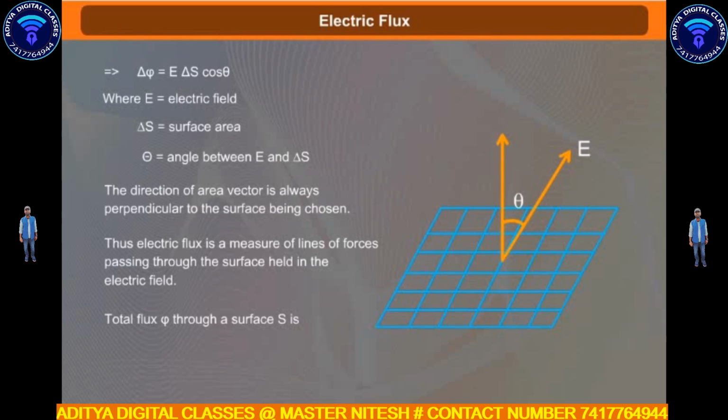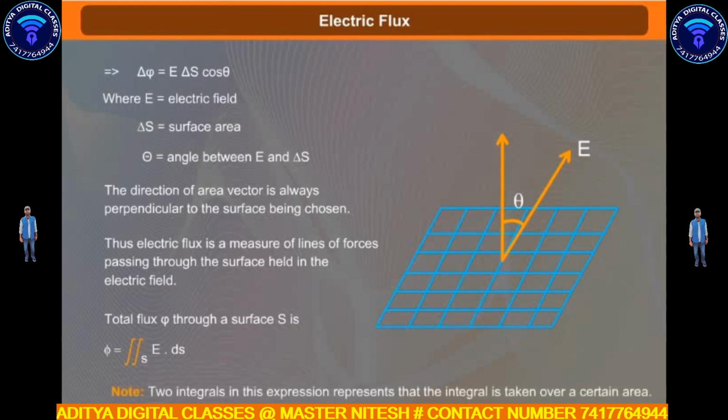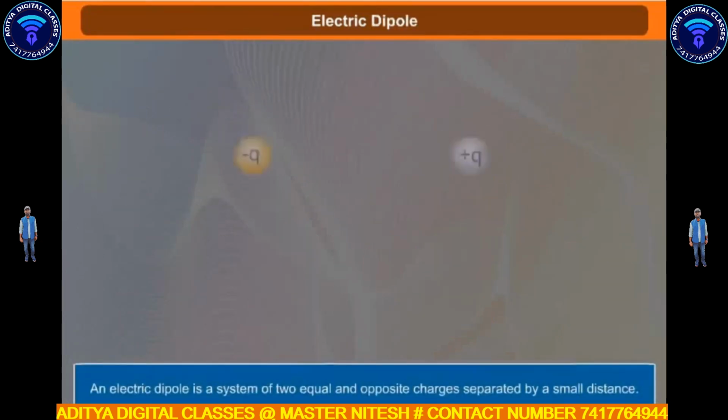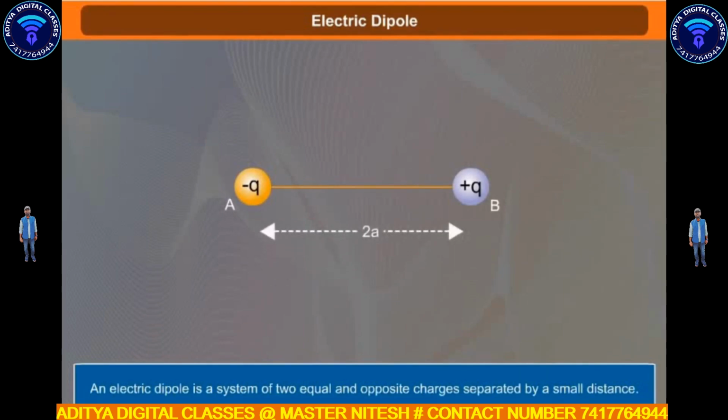Total flux phi through a surface S is phi equals double integral over S of E dot dS. Note, the two integrals in this expression represent that the integral is taken over a certain area. An electric dipole is a system of two equal and opposite charges separated by a small distance.